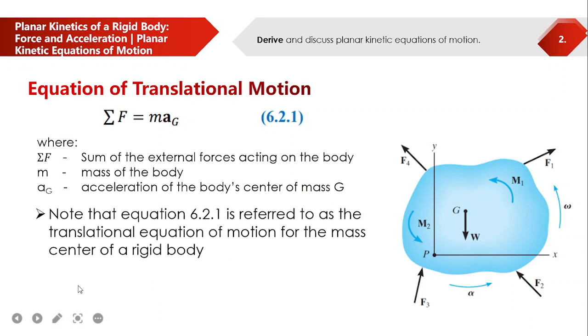Note that equation 6.2.1 is referred to as the translational equation of motion for the mass center of a rigid body.